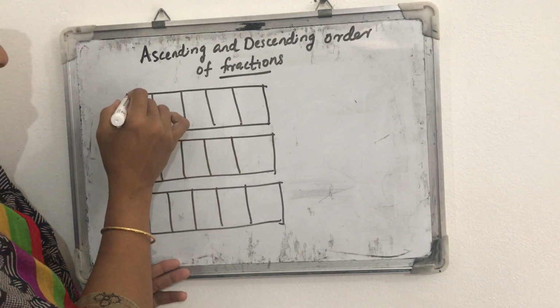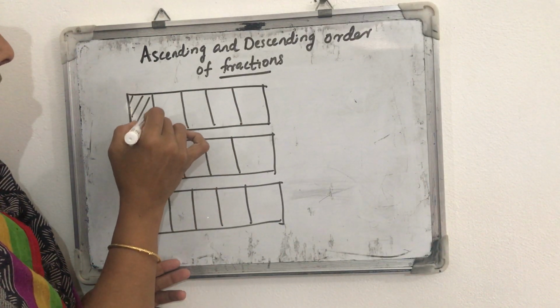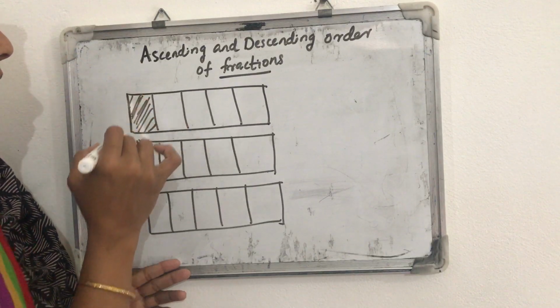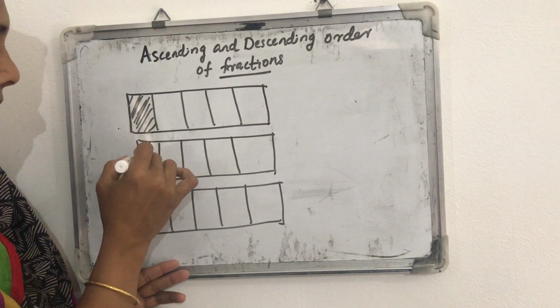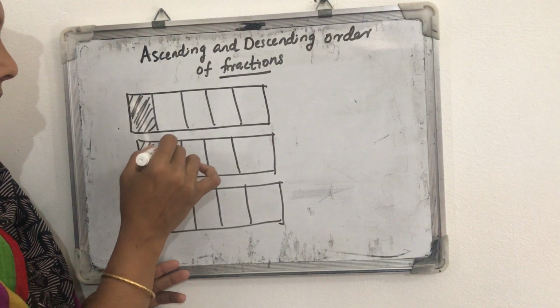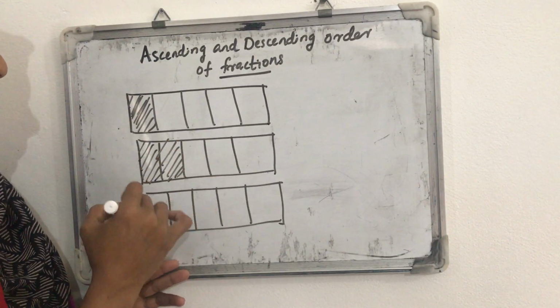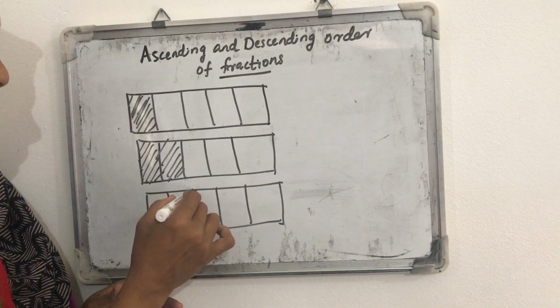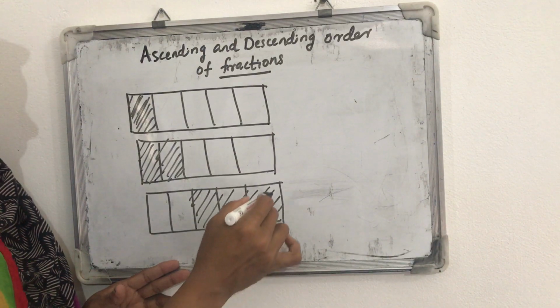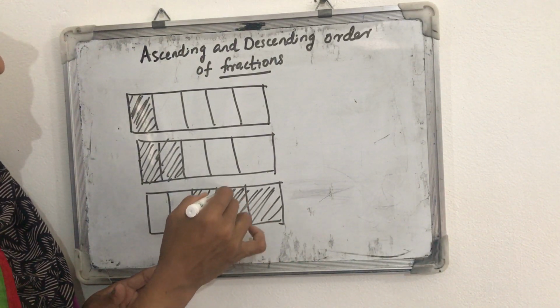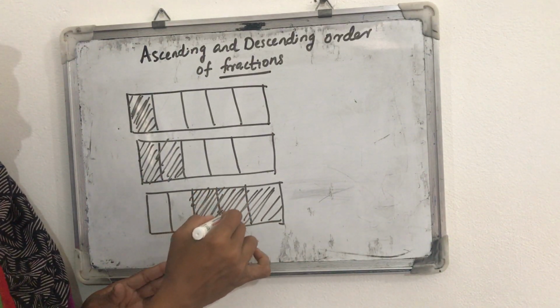Then in the first case we shaded only one part, then in the next case we shaded any 2, and next we shaded any 3 parts. Now in this case, looking at the figure, you can compare the fractions.